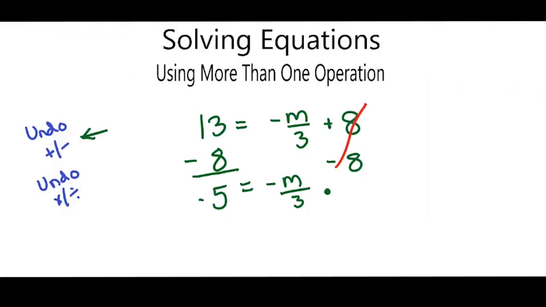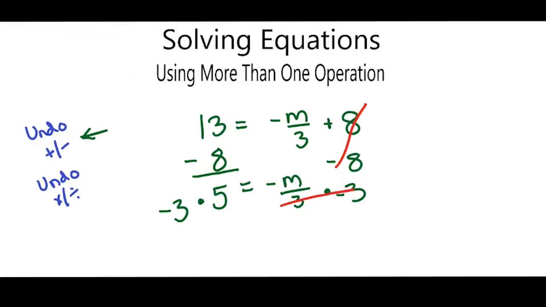I will multiply on both sides of the equation, and I see that my denominator, the bottom number, is 3. So I'll multiply both sides by 3, but I also notice that I have a negative here. In that case, I am going to multiply both sides by negative 3, because when I multiply by negative 3, it will cancel both the 3 and the negative sign.